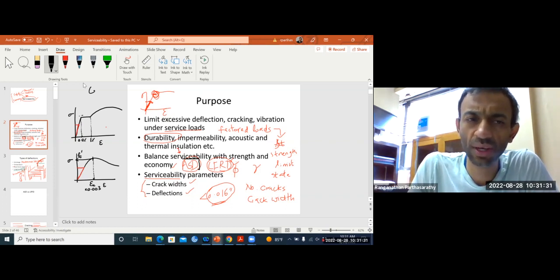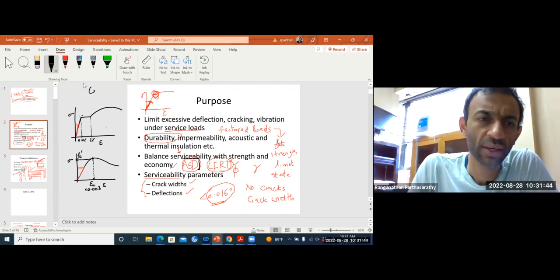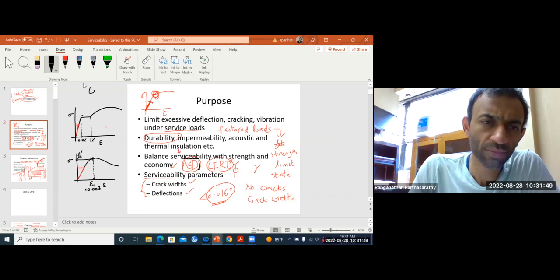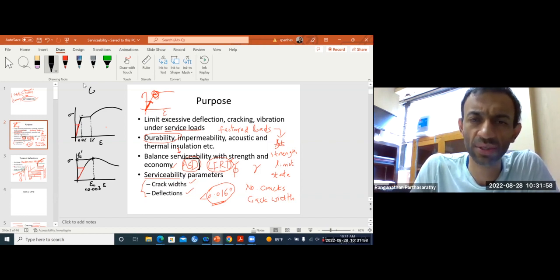But when we go to LRFD, the steel is yielding, we must have yielding, and we also let the concrete reach its maximum compression value under ultimate loading. But since the steel is yielding, you are getting cracking in the tension region, and that will automatically increase your deflection. So therefore, in LRFD, you must explicitly account for serviceability.